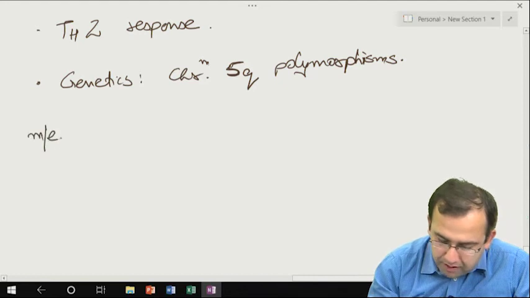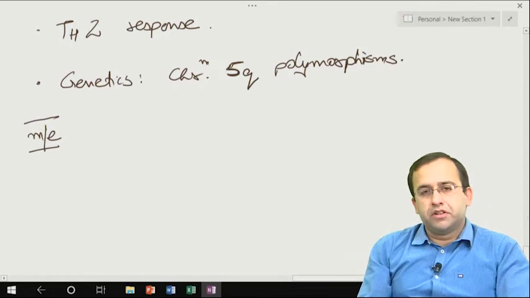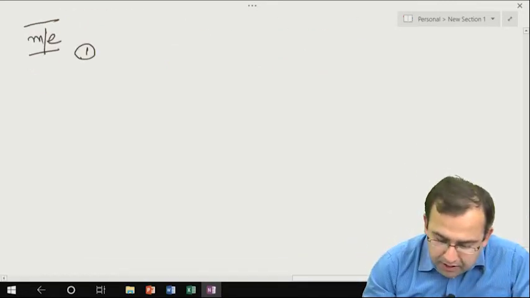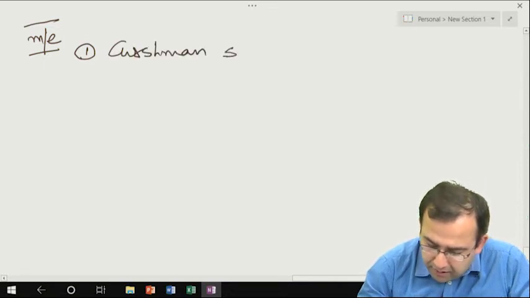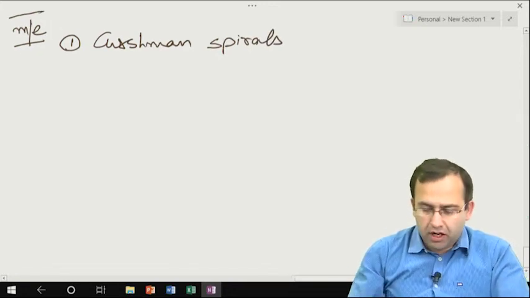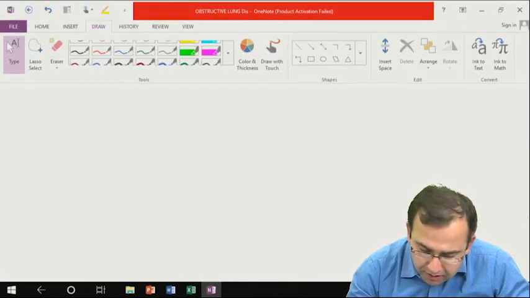Microscopically, asthma shows three features. The first is the presence of Kirschmann spirals.